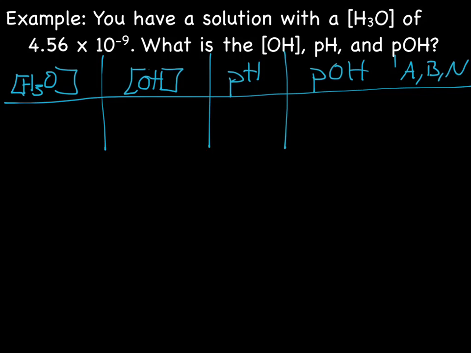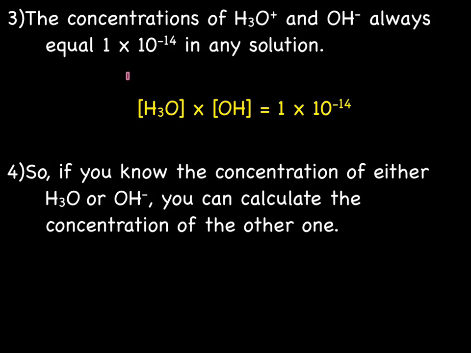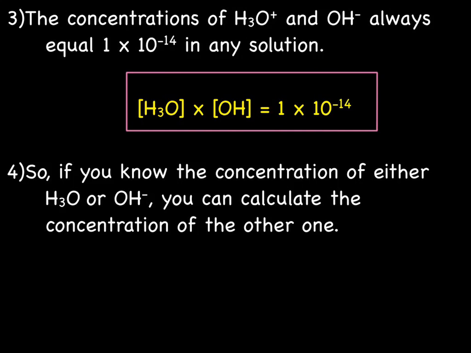And from there, let's plug in what we know. We know that our H3O is 4.56 times 10 to the negative 9th. So what formula do we have that has H3O in it that can give us either OH, pH, pOH, or whether it's an acid, base, or neutral? How about H3O times OH gives us 1 times 10 to the negative 14. We were given H3O. We'll solve for OH.